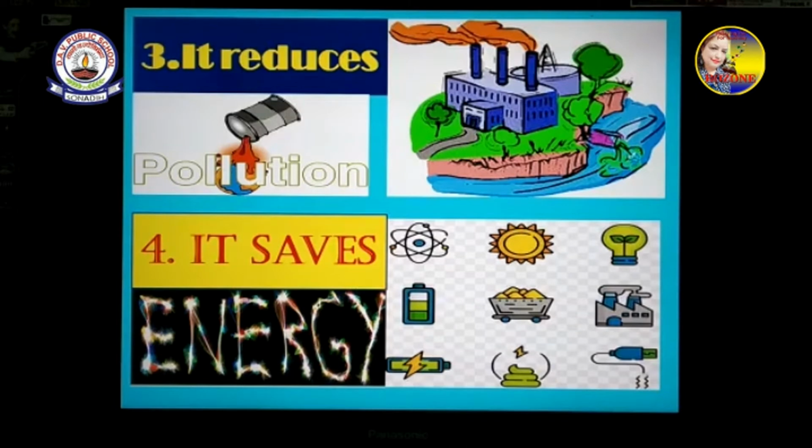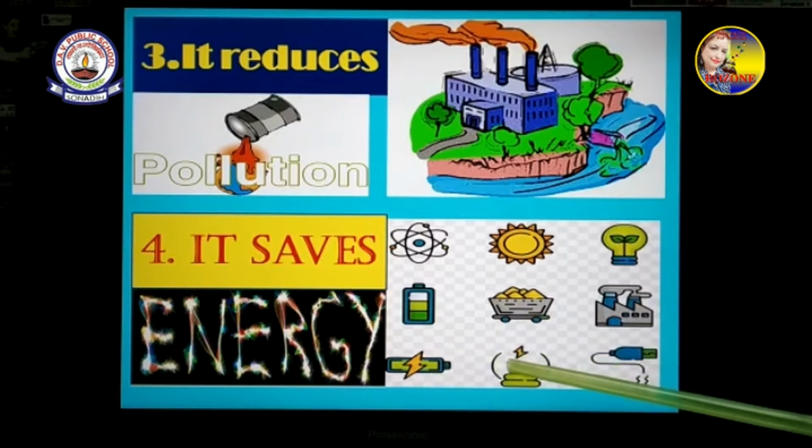It saves energy. Saves energy. You see, we get electricity from so many sources, and then that energy we use in the factories and all the electricity and all we use. So it saves it, because now, instead of new products, we are using the what?